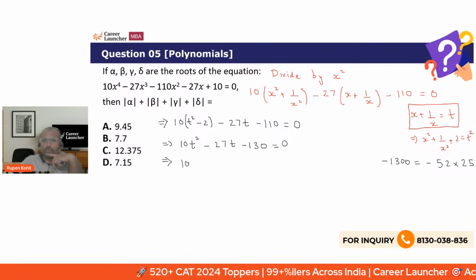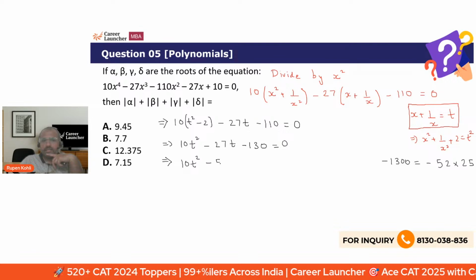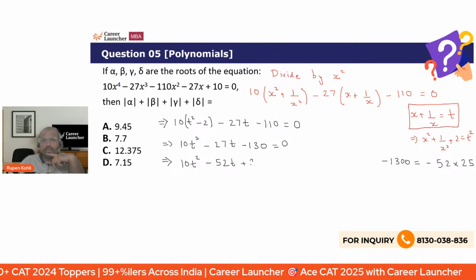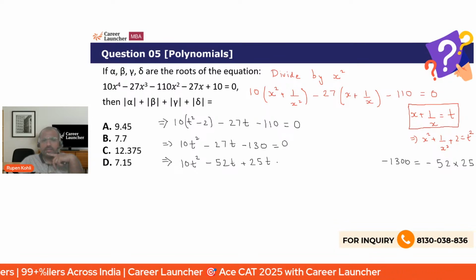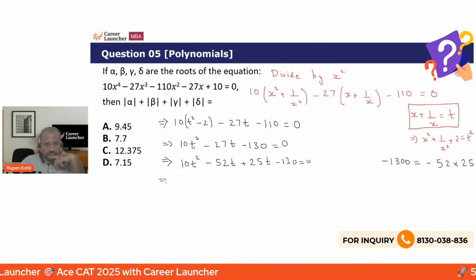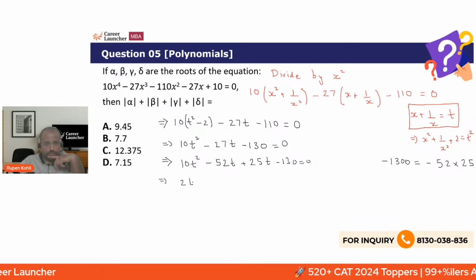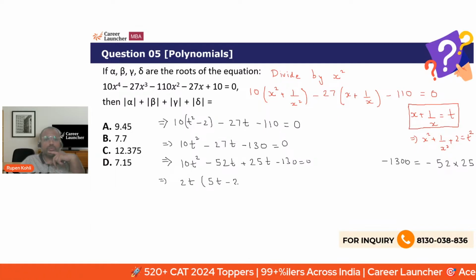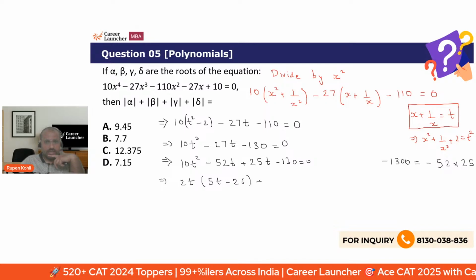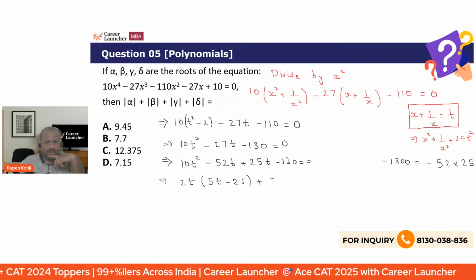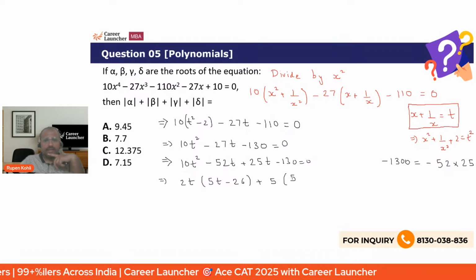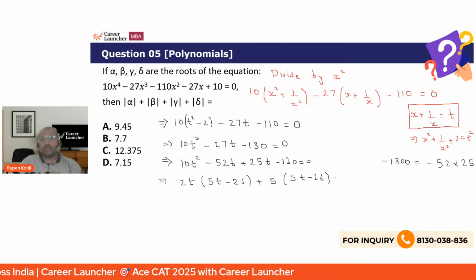Okay. So 10t square minus 52t plus 25t, right? And minus 130. So what can you take common from here? 2t, and then you have 5t minus 26, and then from here you have 5, and again the same 5t minus 26. Yeah, right.